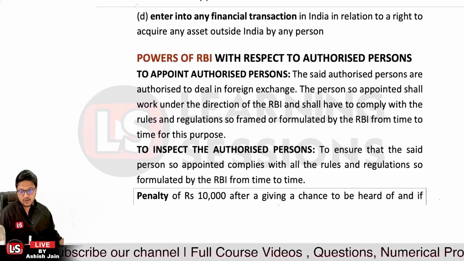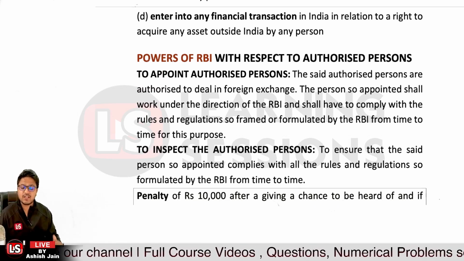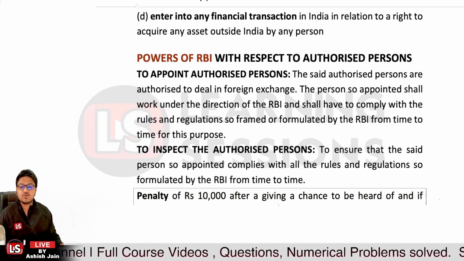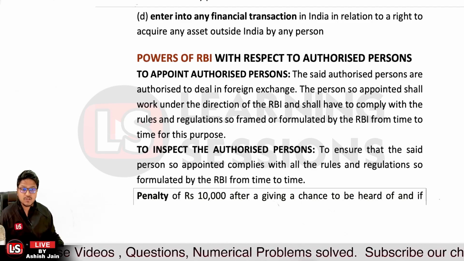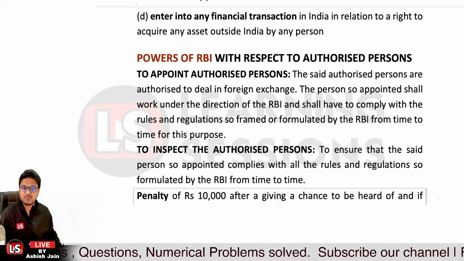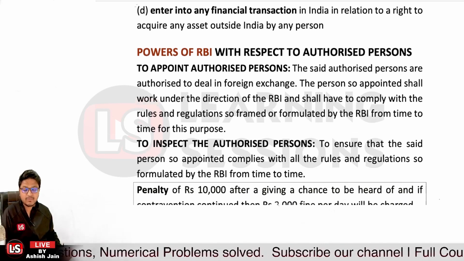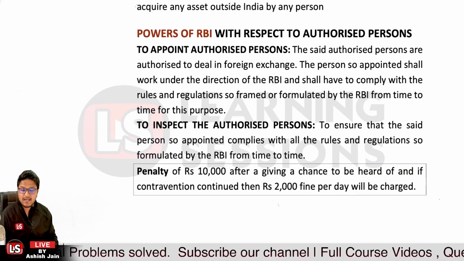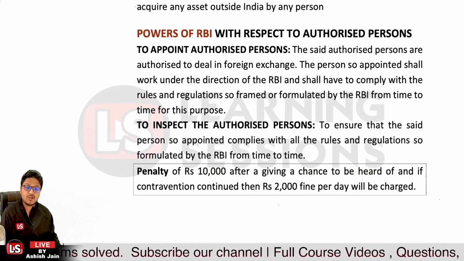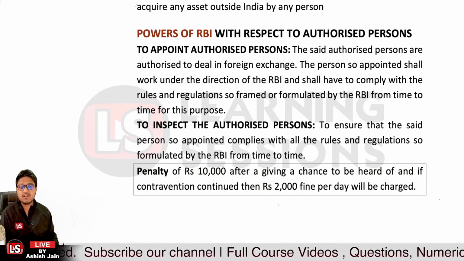Because the RBI has appointed these persons, it has the right to regulate and inspect these authorized persons, and they need to comply with the rules and regulations circulated by the Reserve Bank of India. If they do not comply, there is a penalty of rupees 10,000, which will be imposed after giving them a chance to be heard.